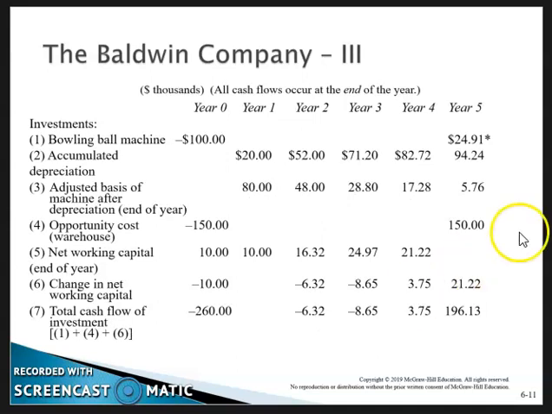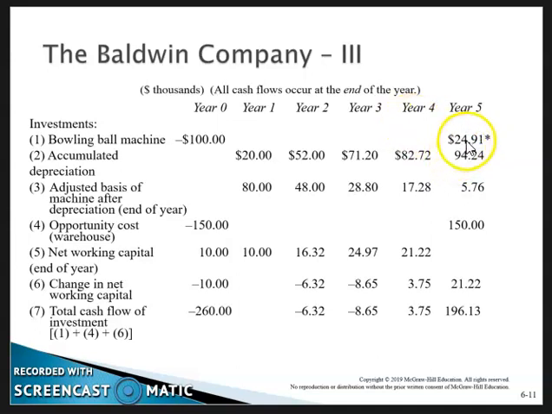They have the $100,000 cost, they recognize the opportunity cost of the project, and the net working capital, which is another $10,000. So our total cash outflow is $260,000, and then the inflows.